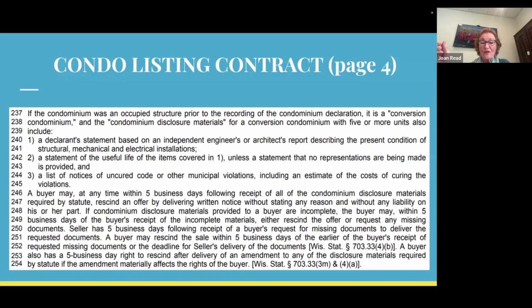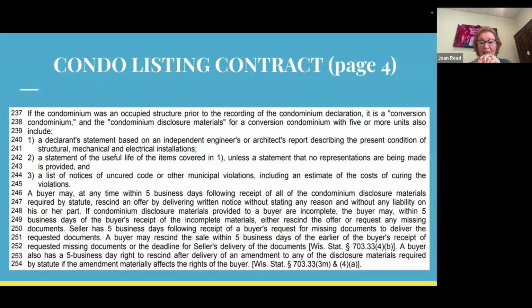And then he has 5 business days to decide whether he's going to stay with the purchase or rescind his offer. So this is very important when you are listing a condo that you explain this to the seller.